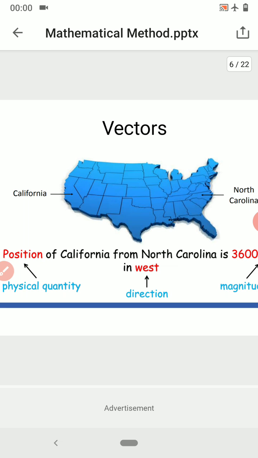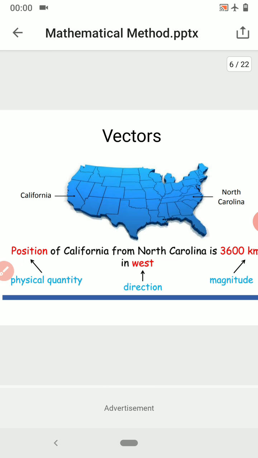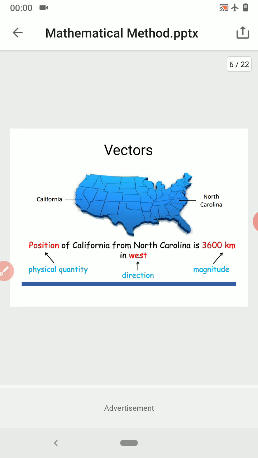Here is a map on the board, and that map gives you the position of California from North Carolina. The position is the physical quantity here.